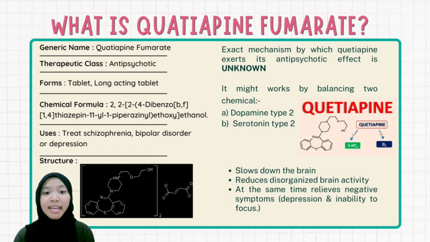The exact mechanism of quetiapine fumarate as an antipsychotic is unknown, but it might work by balancing two chemicals, dopamine and serotonin, which are responsible for transmitting nerve signals in the brain. It will slow down the brain, reduce disorganized brain activity, and at the same time relieve negative symptoms such as depression and inability to focus.